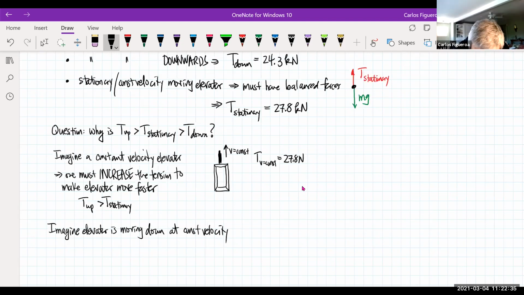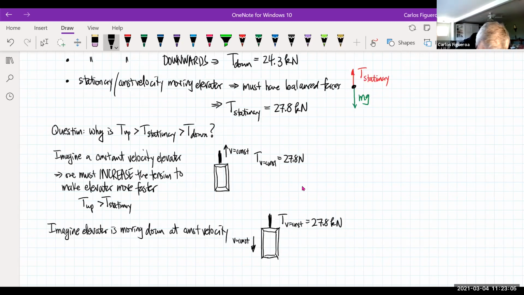So I'm seeing my elevator, and I have my tension here. Again, this tension, with v equal to a constant, is 27.8 kilonewtons, and it's moving at v equal to a constant in this direction.